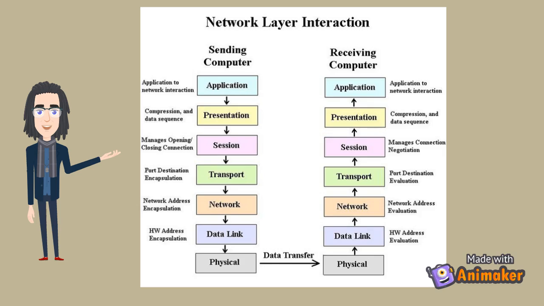It was first introduced in the late 1970s. There are seven layers in the OSI model, and these are: application layer, presentation layer, session layer, transport layer, network layer, data link layer, and physical layer.